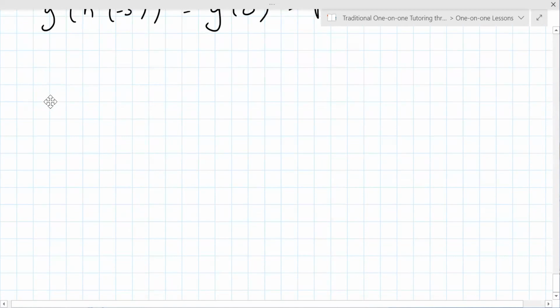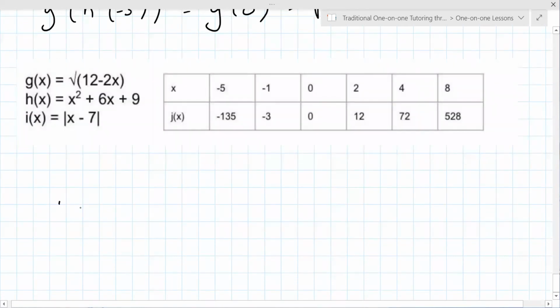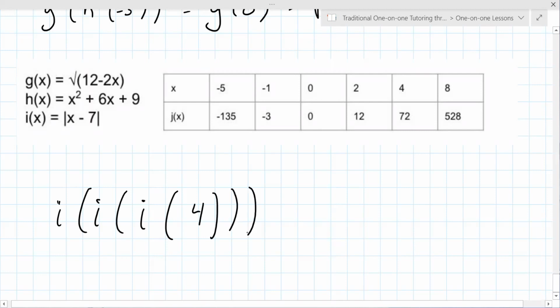Let's do I of, let's go 4. So which one do you start with? The inside one. I have 4. So give me that value first, please. 3.